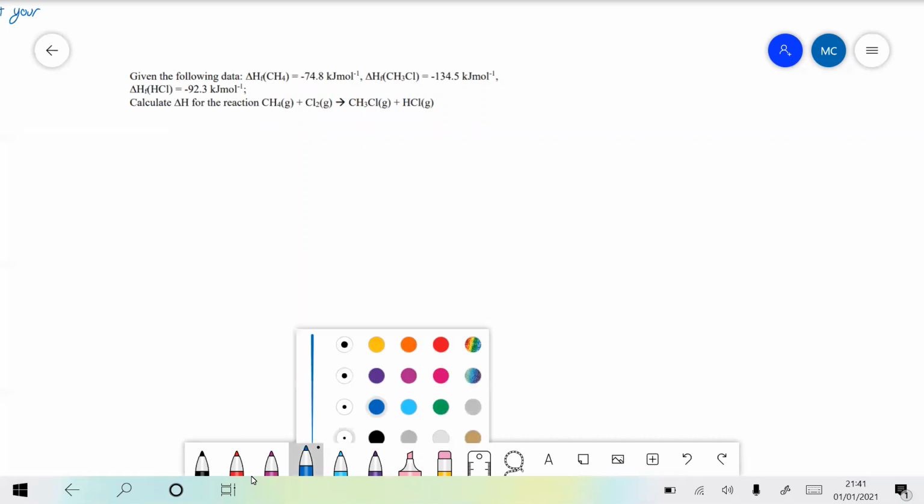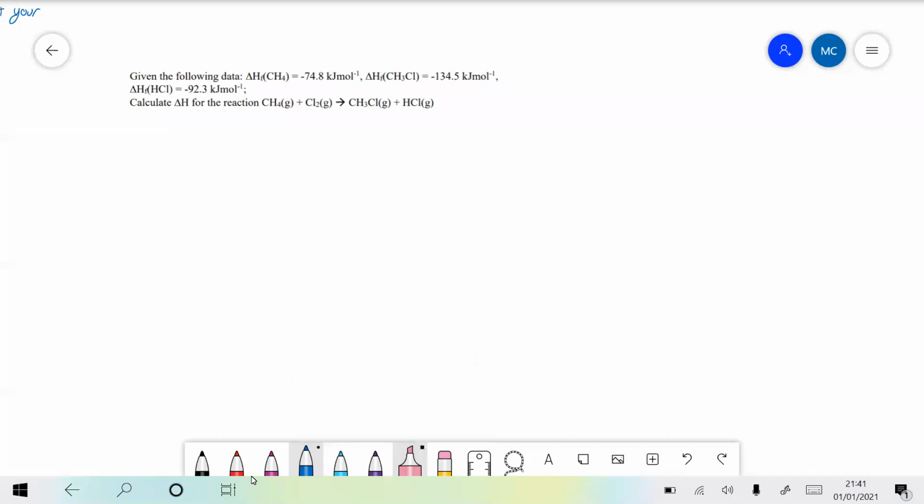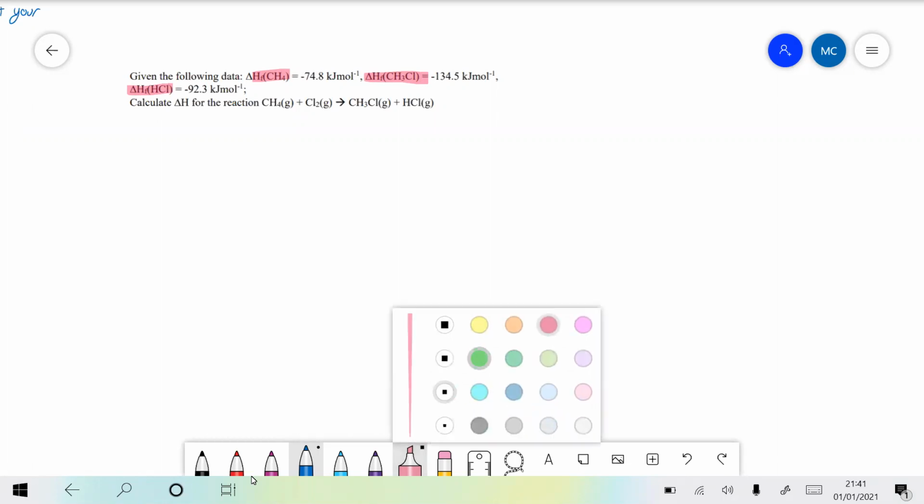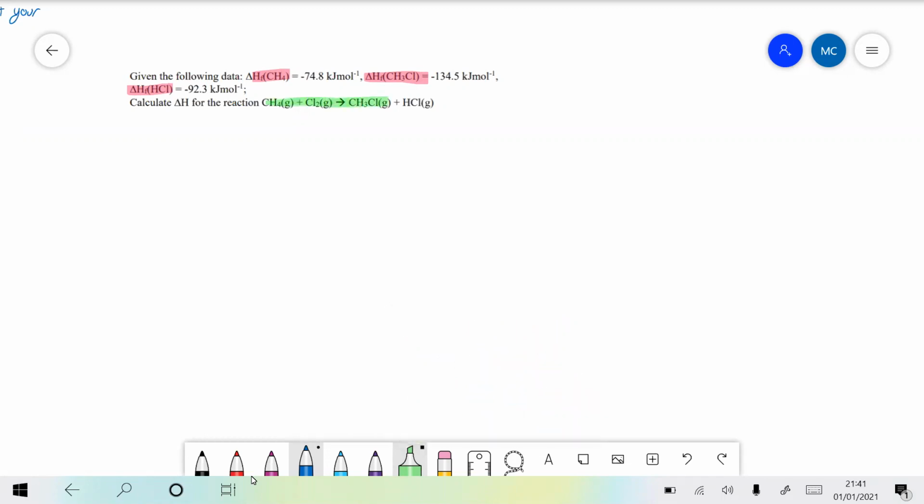Okay, now let's start. The reactions we've got here are the enthalpy of formation of CH4, enthalpy of formation of CH3Cl, enthalpy of formation of HCl, and the actual reaction that's been given, which is CH4 plus Cl2 to give CH3Cl plus HCl.